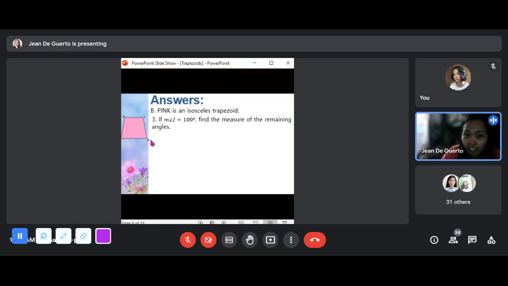Side KN is one of the bases. So what are the two angles that include side KN, which is the second pair of your base angles?